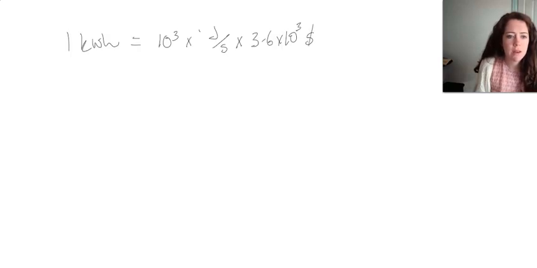So we can cancel off the seconds, so it equals 10 to the 3 times 10 to the 3 is 10 to the 6, times 3.6 joules. So 10 to the 6 is a million, so mega, so it equals 3.6 megajoules. So that's a simple conversion from a kilowatt hour to a megajoule.